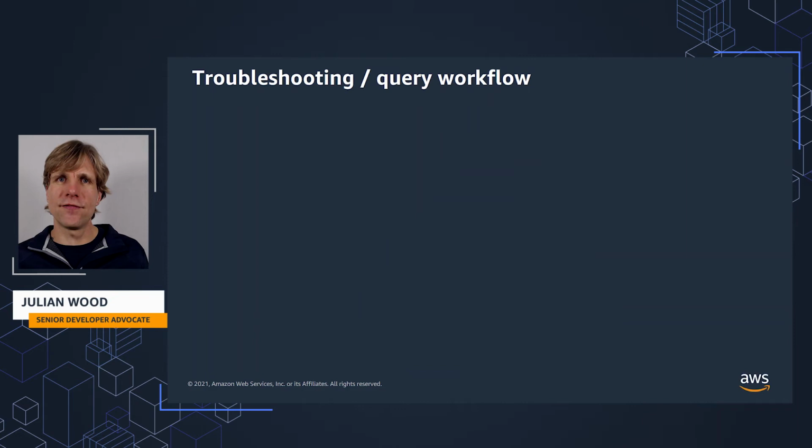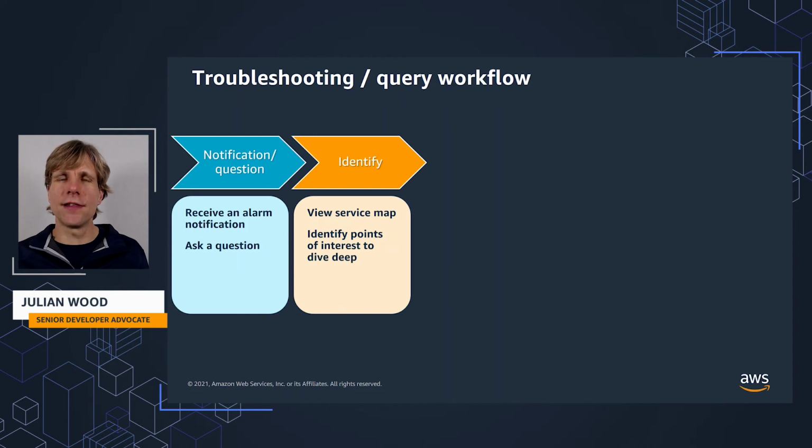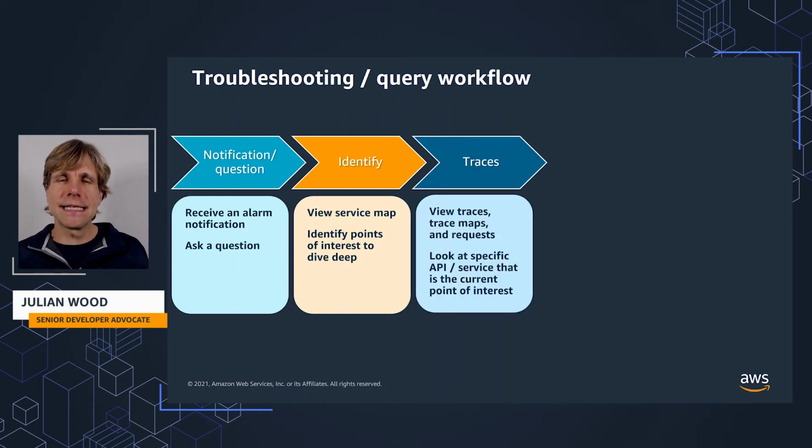Before we look at the individual features, let's see how a typical workflow would look when you're troubleshooting an issue or wanting to ask a question about your application. You may start with a question, or if something is wrong, you may receive a notification through an alarm. You would then go to a service map and visually observe the application environment for anomalies. Then see the trace of that particular component and then narrow down the specific set of traces that have issues.